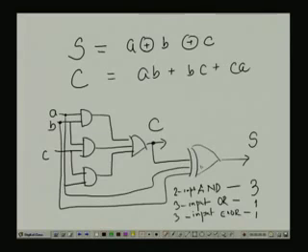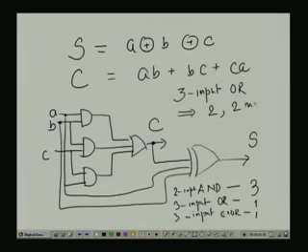And always there are the traditional things, that means one 3 input OR gate, that we can realize by 2 input OR gates.